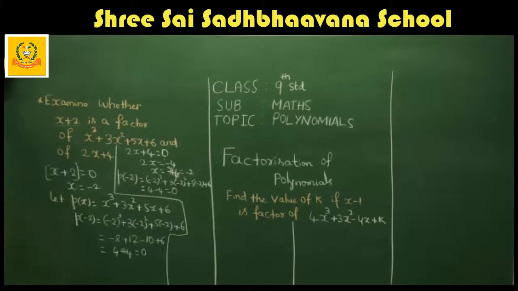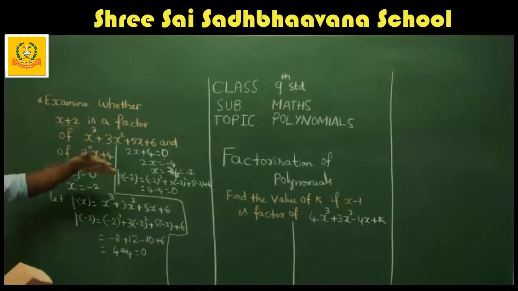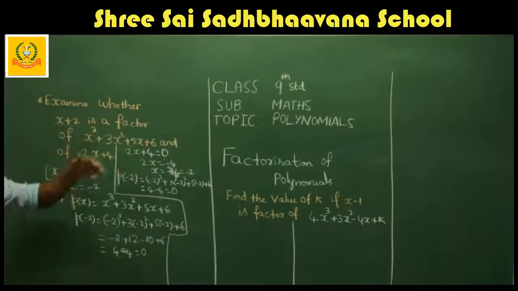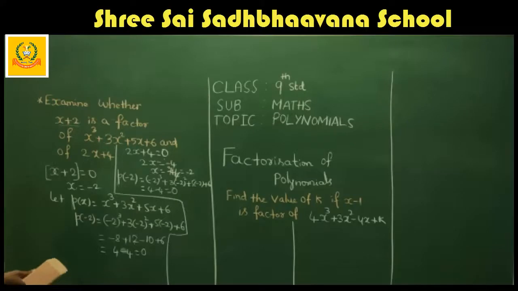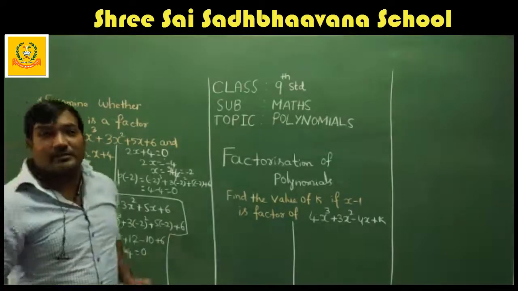What we got before, the same value, again I substituted so that I got 0 as the answer. So when you got 0 there, we can say 2x plus 4 is also considered as a factor of the polynomial. Okay? Yeah, we will move to the next sum.